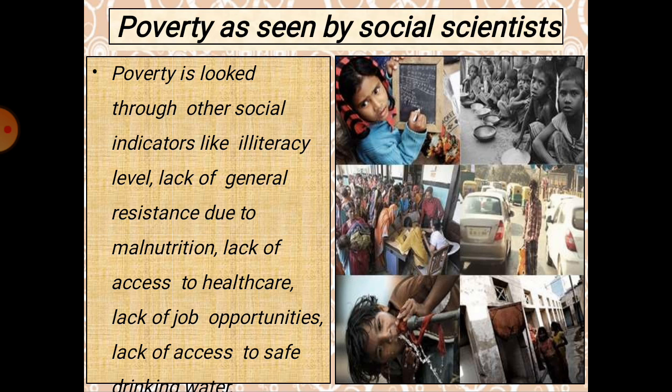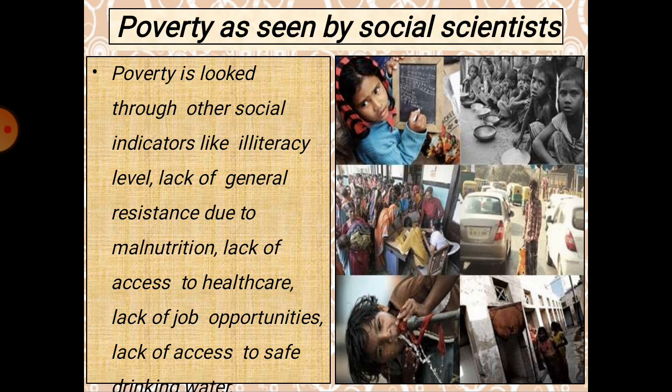If a person gets 10,000 rupees per month and is spending 5,000 rupees per month, he's saving 5,000, then he will not be considered a poor person at all. But a person earning 1,500 rupees, whose consumption is more than that, 2,000 rupees, will definitely be under poverty. So it cannot be taken alone as a criterion to say that he is a poor person.